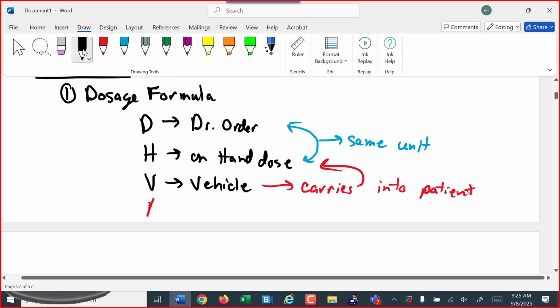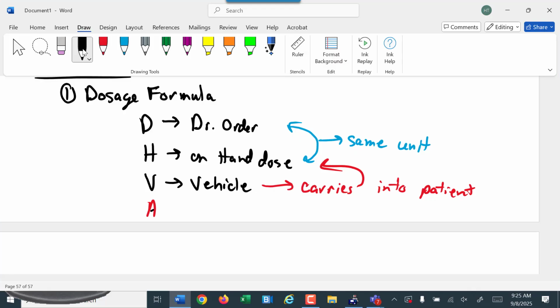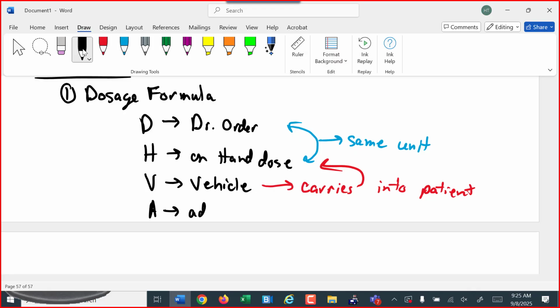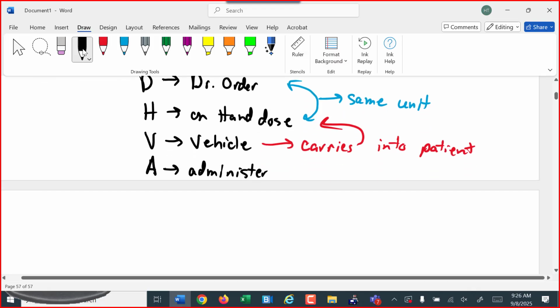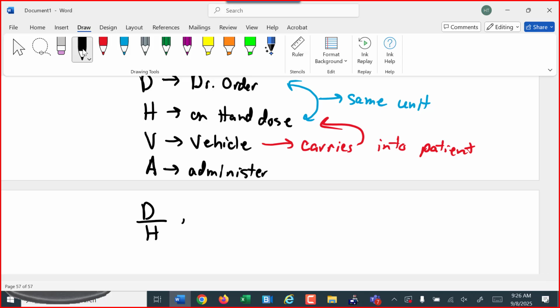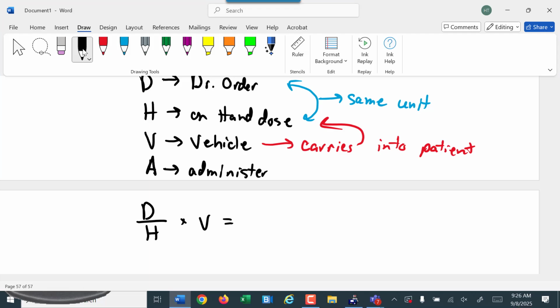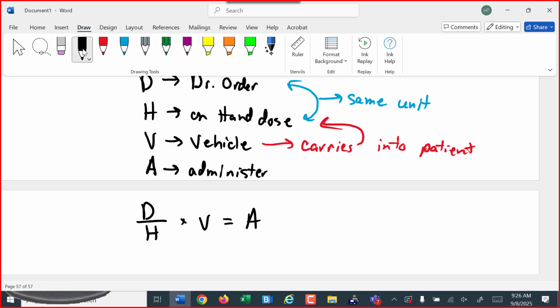And finally, we have A, which is the amount to administer. So the dosage formula is simply doctor's orders divided by the on-hand dose times the vehicle equals the amount to administer.